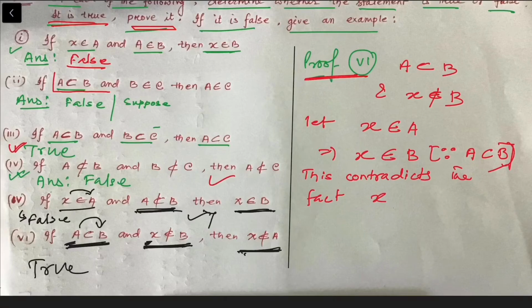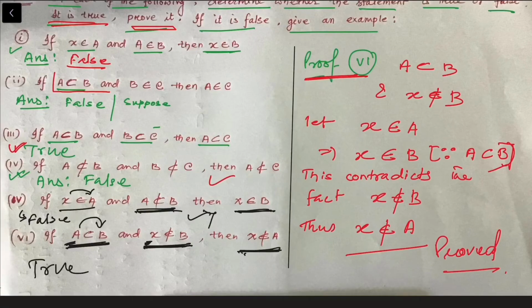What is the fact? That X doesn't belong to B. That is why X doesn't belong to A. So that's how we can prove it.